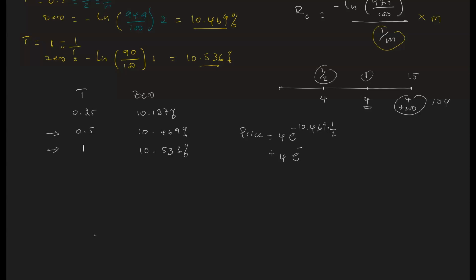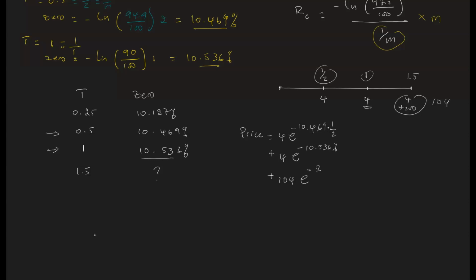The zero in 1 year is 10.536%, plus 104 exponential of minus, what is the zero at 1.5 years? We don't know. That's what we are after. That's what we are looking for.